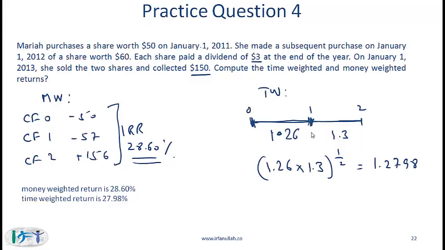So the dollar here became 1.3 at the end. If you think of the dollar from the start of the year, that becomes 1.26 into 1.3. To compute the time weighted return, we need to find the geometric mean of these two numbers. So we multiply them and raise to the power of 1 over 2 because we have two periods, and we get 1.2798. This means that the return is 27.98%.